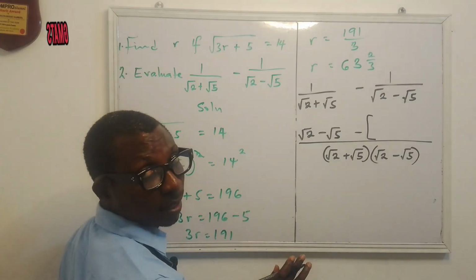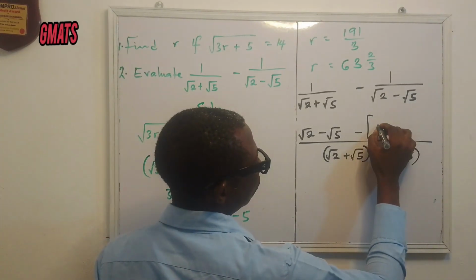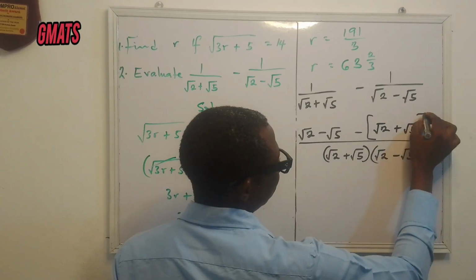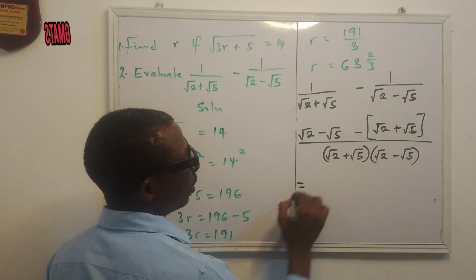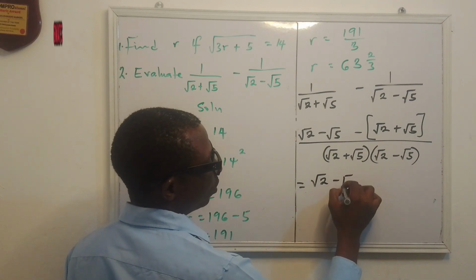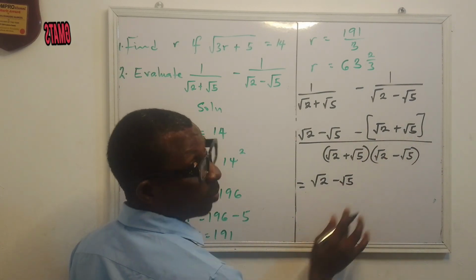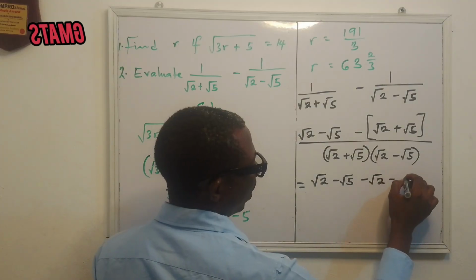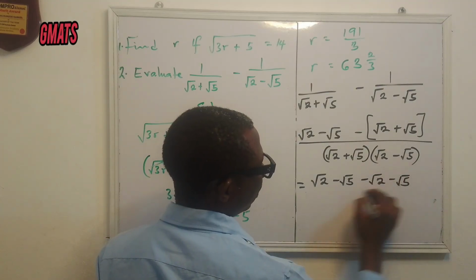You must open the brackets. So you have square root of 2 plus square root of 5. So that's what you have. Okay, so now we have square root of 2 minus square root of 5. Now open the bracket with minus. We have minus square root of 2 minus square root of 5.